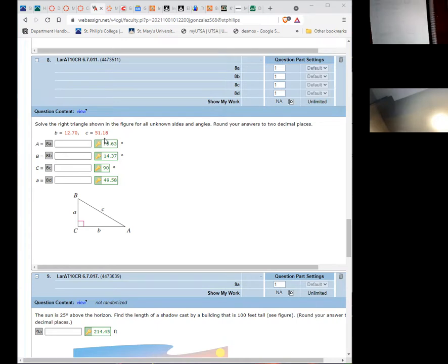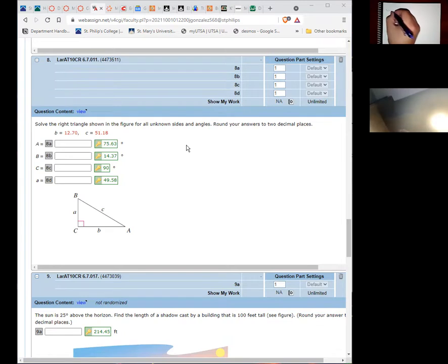But the other angles, let's see. Do you want me to use your numbers? Doesn't matter to me. That would probably be easier and I wouldn't get confused. Okay, yours or mine? What is yours?